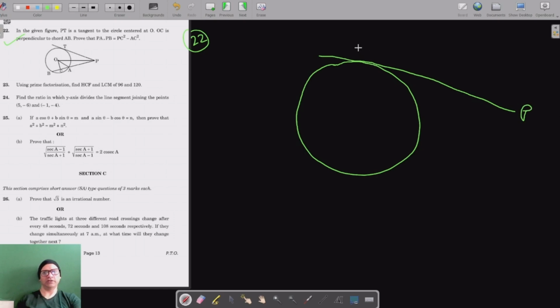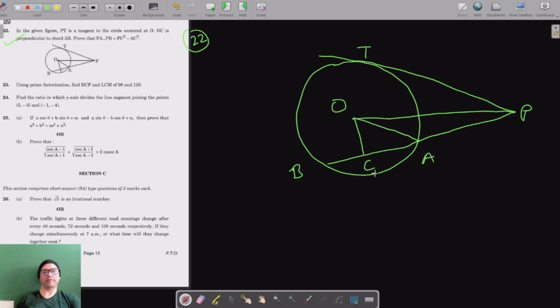So this is PT, and P also joins the center O. AB is a chord. This is OC, this is OA.